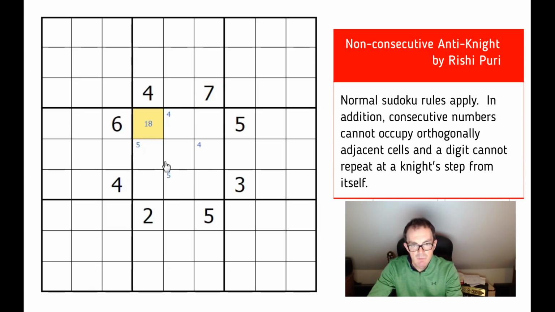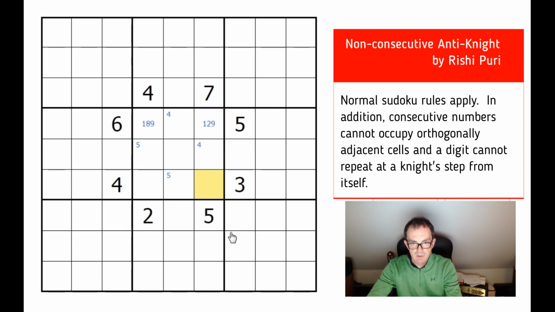So that one can only be 1, 8 or 9. This one, now that one can be 1 or 2. Can't be 3, can't be 4 because that's consecutive with 5. Can't be 6 or 7 or 8 because 8 is consecutive with 7. So that can be 1, 2 or 9.